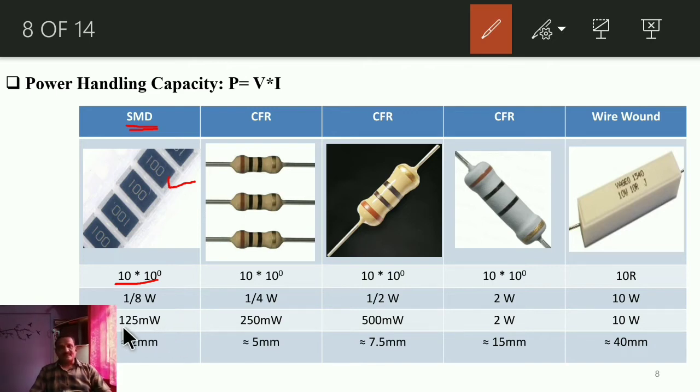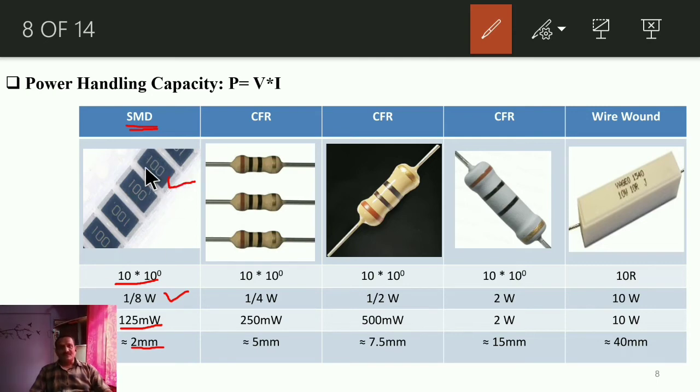Here I mention it as only 125 milliwatt or 1 by 8 of a watt. So it is very small in size, which is approximately 2 mm. The numbers are given in a size of only 2 mm. We can't read them with our naked eyes many times, so we have to use magnifying glasses to read the value of these resistors, right?